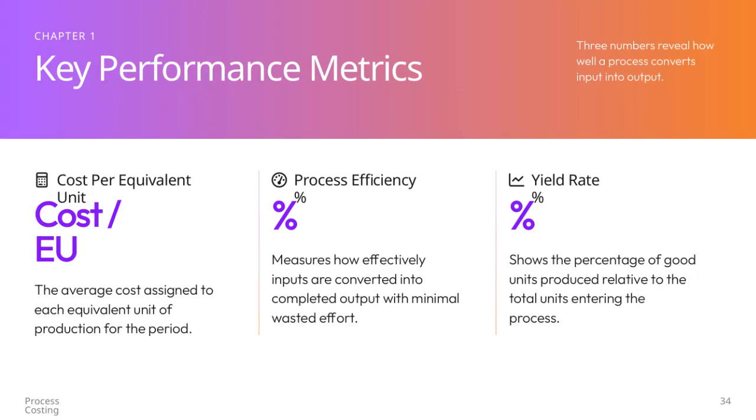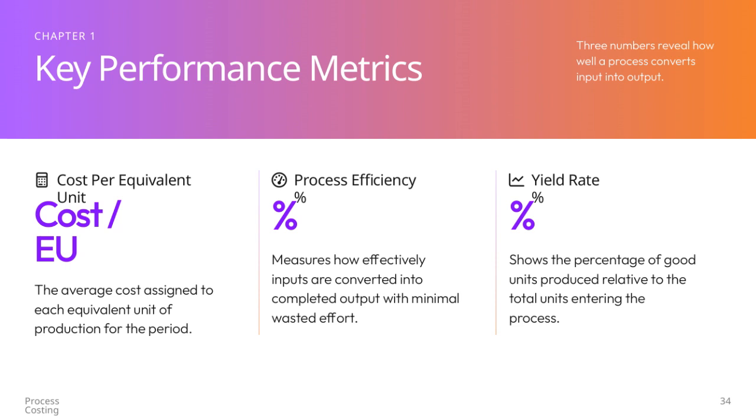Here we focus on 3 key performance metrics that help us understand how efficiently a process converts input into output. First, the cost per equivalent unit represents the average cost assigned to each equivalent unit of production during the period. This metric helps us grasp the financial aspect of production efficiency.